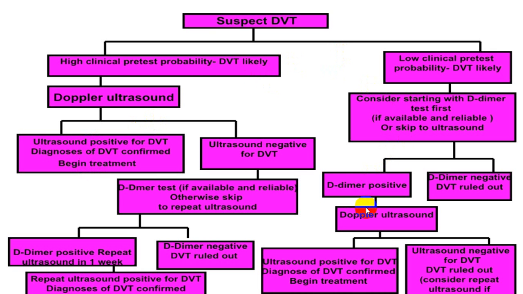If D-dimer is positive, then go for a Doppler ultrasound, and if it is confirmed, you begin the treatment. If it is negative, you can wait for a while. If D-dimer is negative, usually DVT is ruled out. And if D-dimer is positive, you can repeat the ultrasound and then start with the treatment.